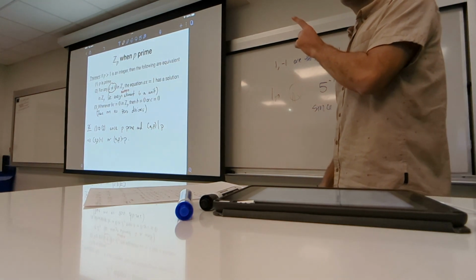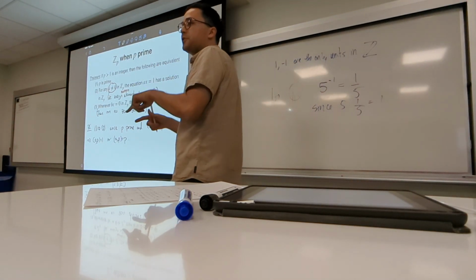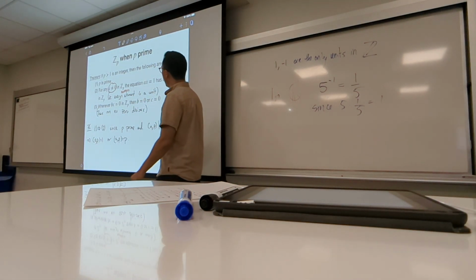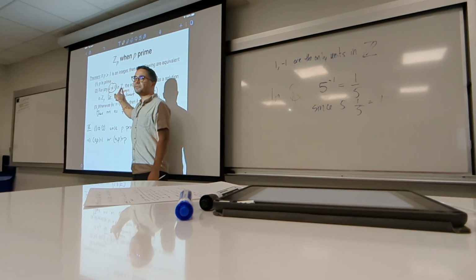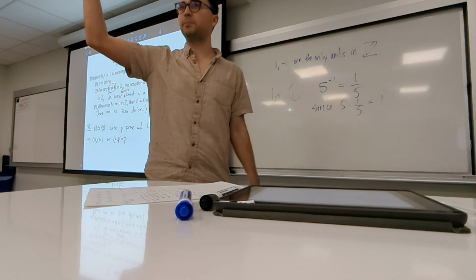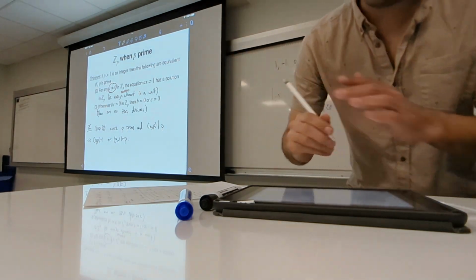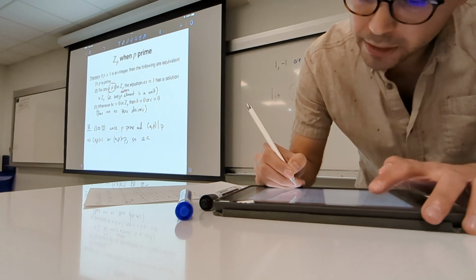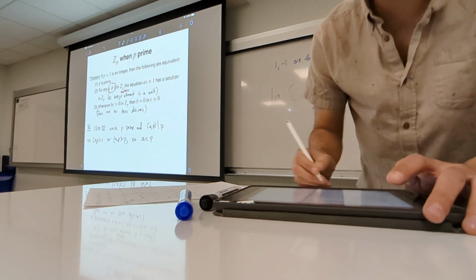We also know divisors have to be less than or equal to whatever quantity we're considering. a is an element of Z mod p. Elements of Z mod p are the numbers 0, 1, 2, all the way up to p minus 1. So in particular, a is certainly less than p.